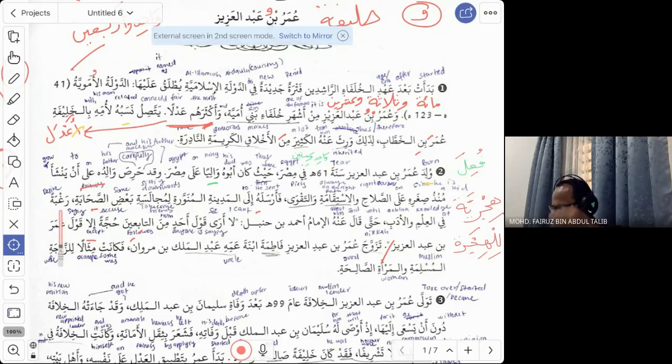Here it's not seeking their knowledge. Raghbatan, just now you said desire. Why did he learn from the Sahaba? Because he loved knowledge. So that is the meaning of Raghbatan fi. He has the desire for knowledge. So because he loved knowledge, and also he loved adab, to learn akhlaq from them. Naam.